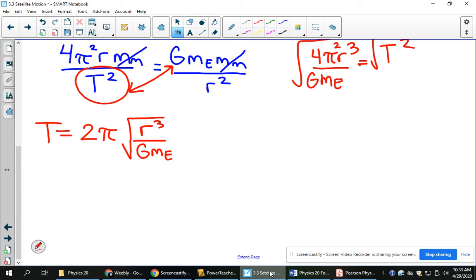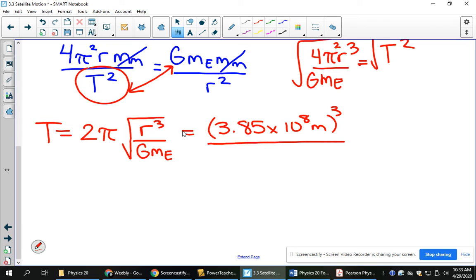Let's sub in now. What are they telling us for the center to center distance between Earth and Moon? 3.85 times 10 to the 8 meters. That's right from the question. Don't forget to cube it. We've got our G value. And they're asking us for the mass of Earth, which we can find in one of two places.